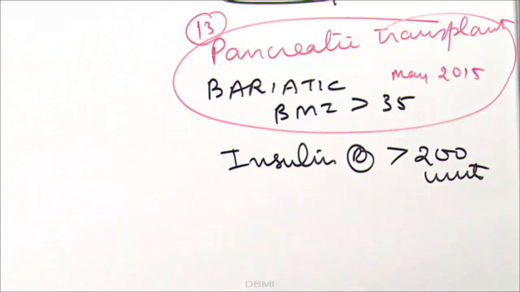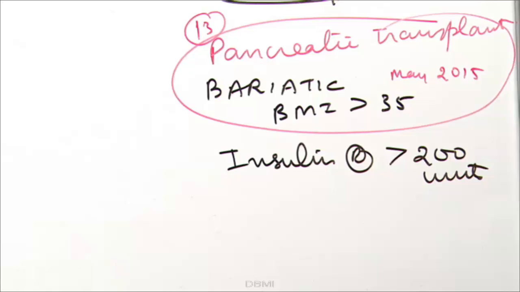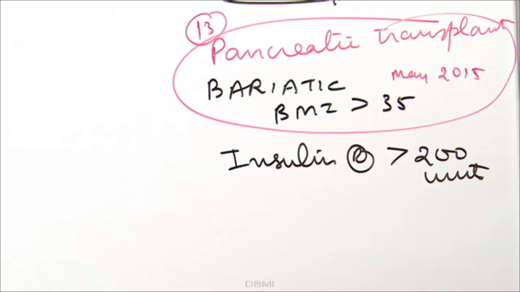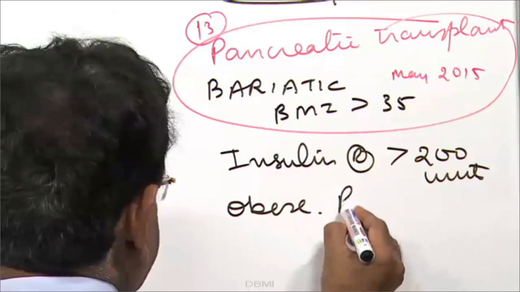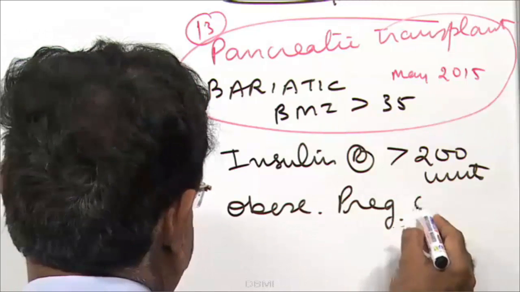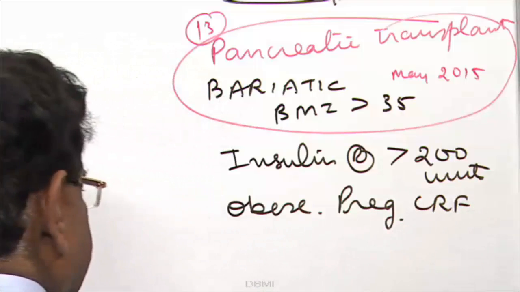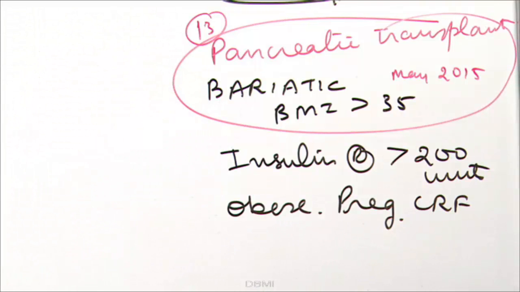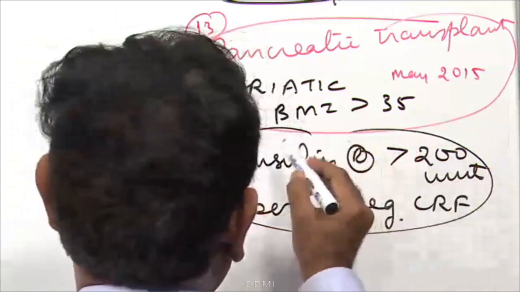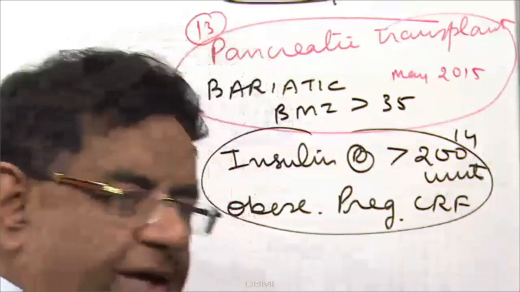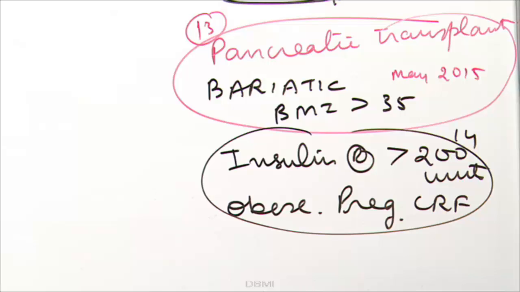Then we call it insulin resistance, and it is classically seen in very obese patients. It may occur in pregnancy, in chronic renal failure, or some other conditions. This is box number 14.